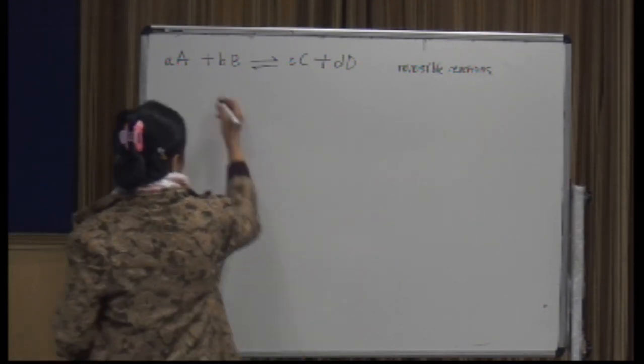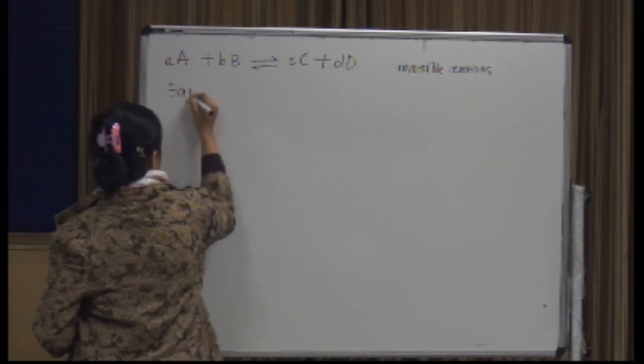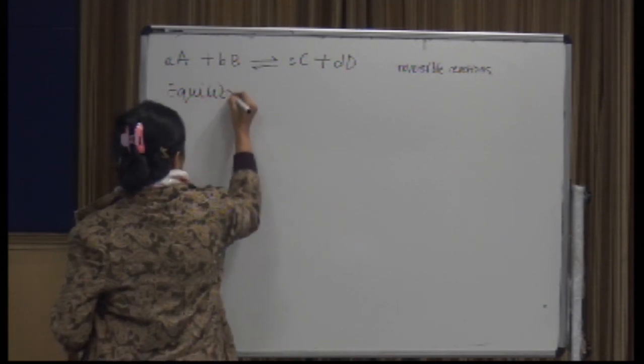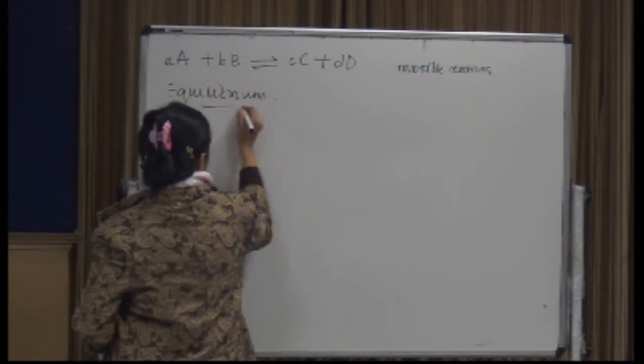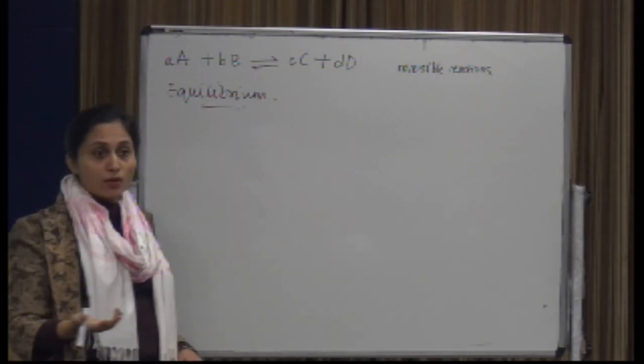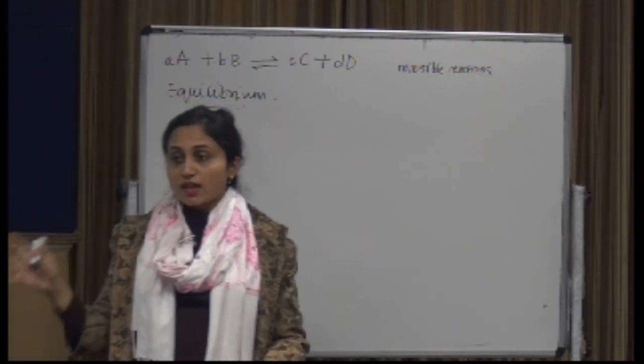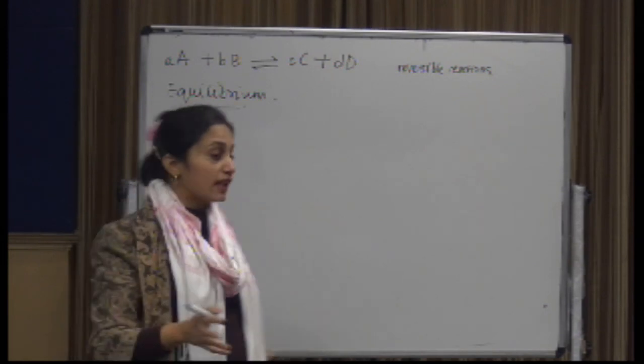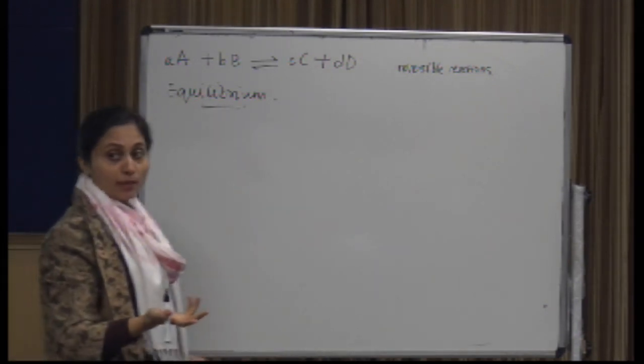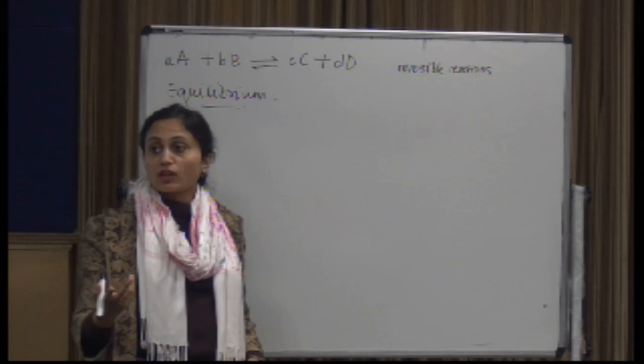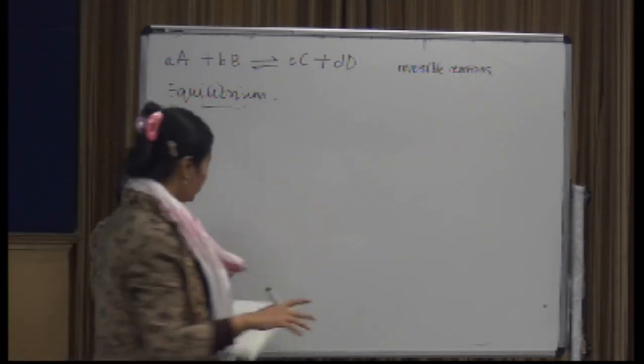Now, see, when I talk about reversible reactions, I can also talk about the condition of equilibrium. Right, so this is what we are going to do now. From now on, we discuss the conditions of various things which are related to equilibrium, especially when you talk about chemical reactions. Then we start talking about chemical equilibrium.